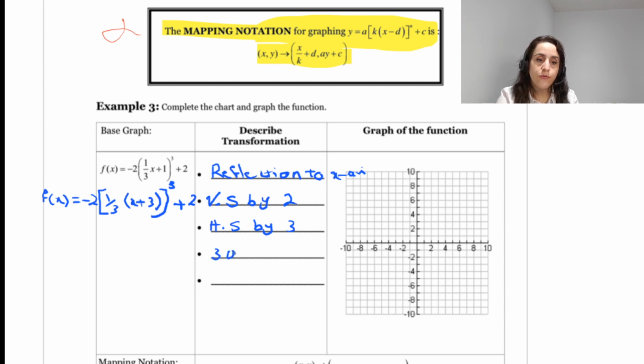How about this 3 here? 3 units to the right or left? It's a plus 3, I know that. 3 units to the left because it's just doing the opposite.